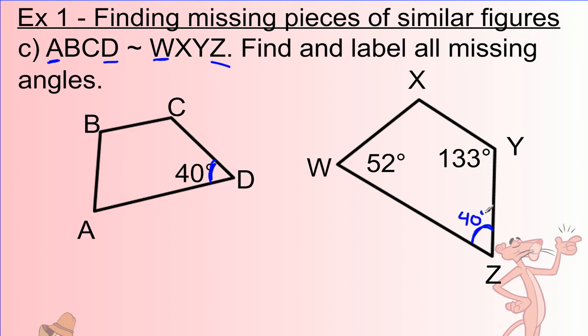Angle Z is 40 degrees. Okay? And since now we know that A and W are the same, this angle A would be the same as angle W, which is 52.